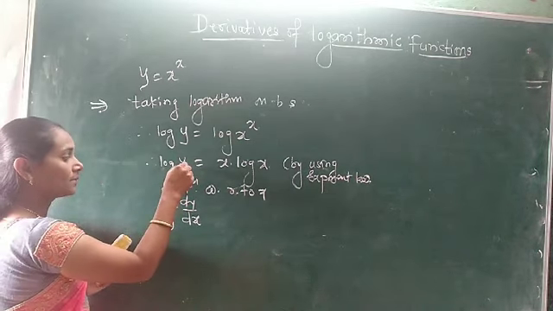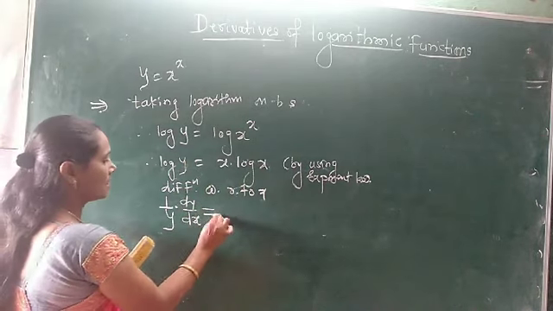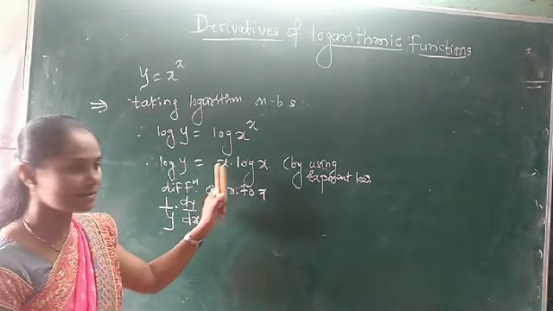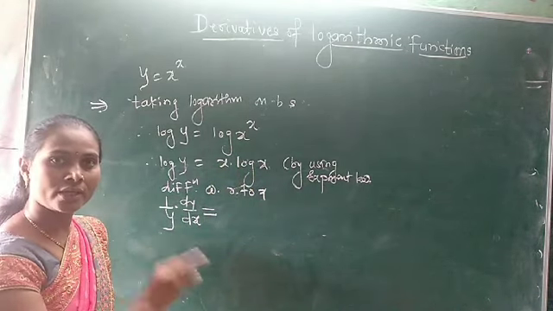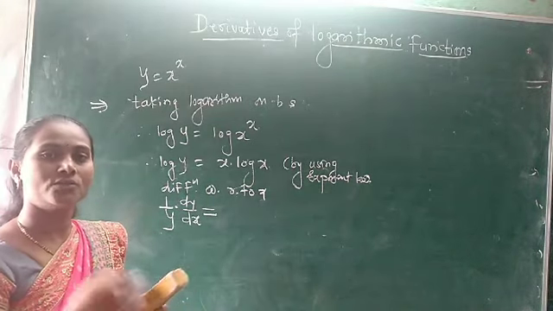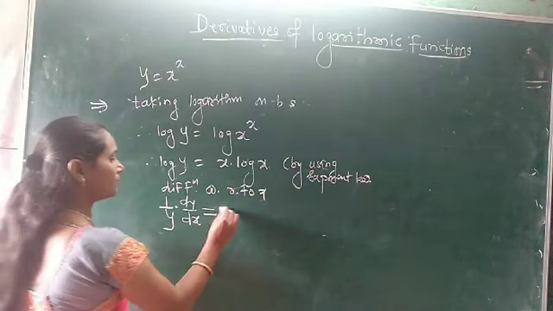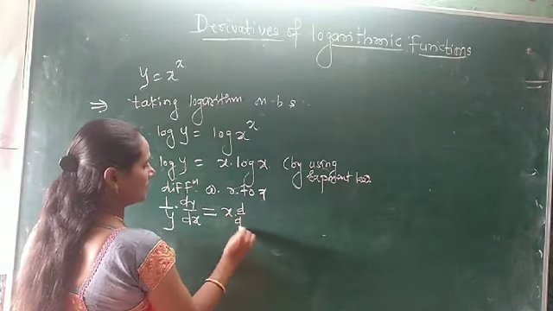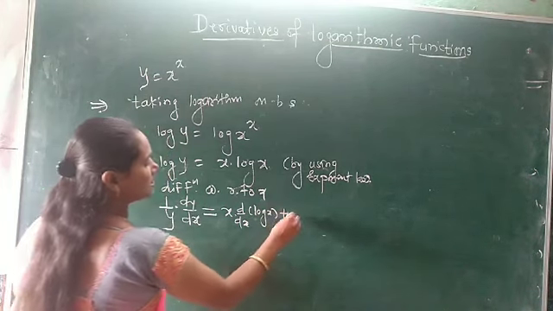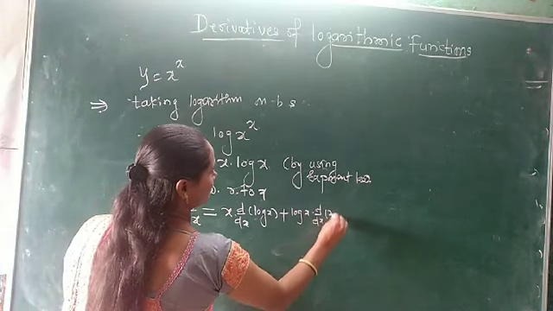Now take the derivative of y with respect to x, which is dy upon dx, is equal to, now here two functions, first one is x and second one is log x. So here we use the product rule. What is the product rule? First function into derivative of second plus second function into derivative of first.